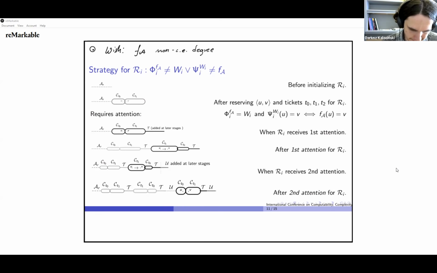So here, in this visual way, I will try to explain how Cooper's technique can be applied here. So you're looking only in isolation at requirement RE, and I'm not mentioning here many other things that we have to keep track of.